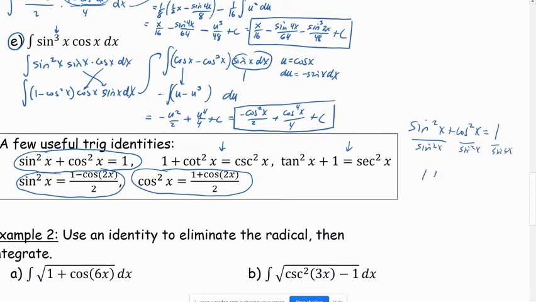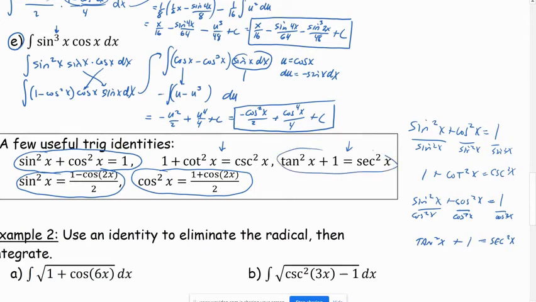then you get 1 plus cotangent squared x equals cosecant squared x. If you start with the main Pythagorean identity, but this time we divide everything by cosine squared, then the first one is tangent squared plus 1 equals secant squared, and so that's where this one comes from.